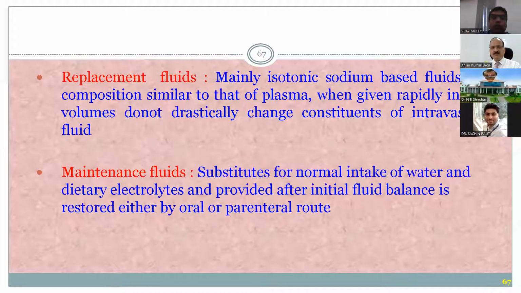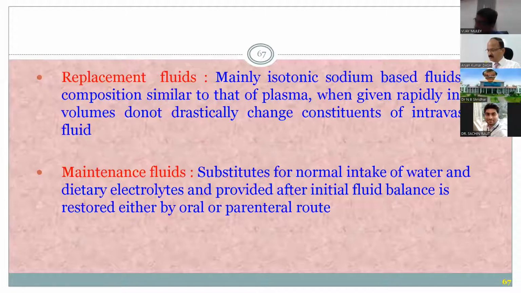Replacement fluid means mainly isotonic sodium-based fluid with composition similar to that of the plasma. They are called replacement fluids, and when given rapidly in large volumes, they do not drastically change the constituents of the intravascular fluid. So the replacement fluids can be given a little fast also.